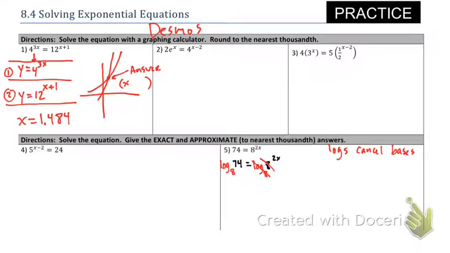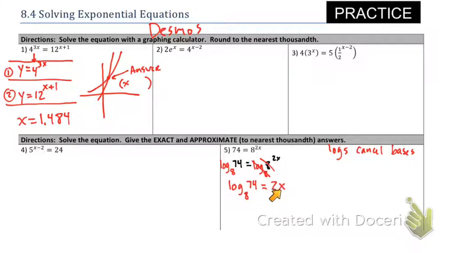So now I essentially have log base 8 of 74 equals 2x. Okay, so now we have this. We're not going to compute this because we want to put it into exact form, which means no decimals. So I'm going to leave this as this.